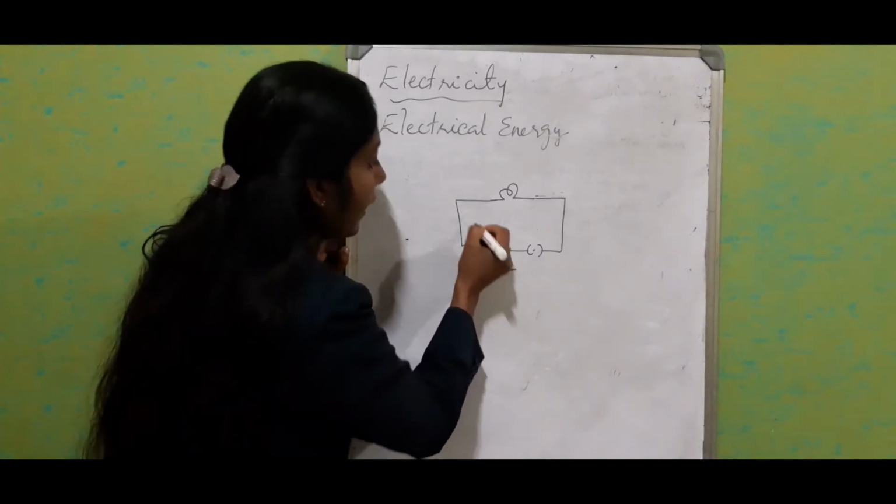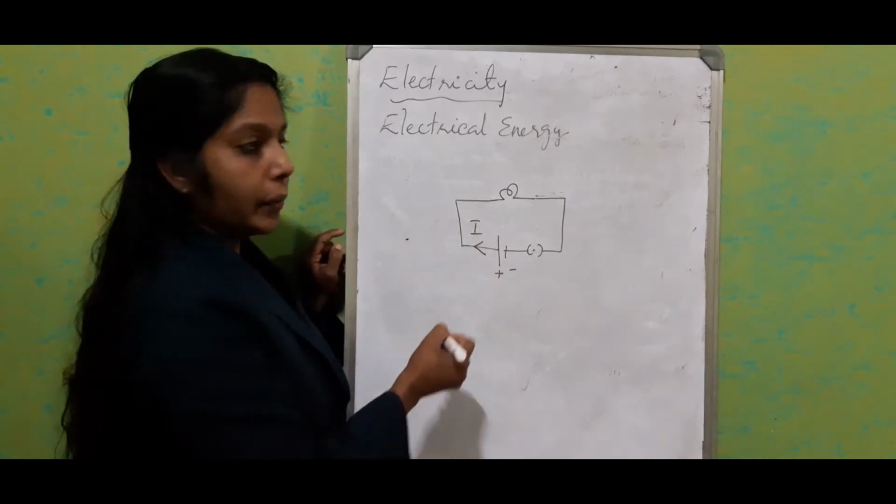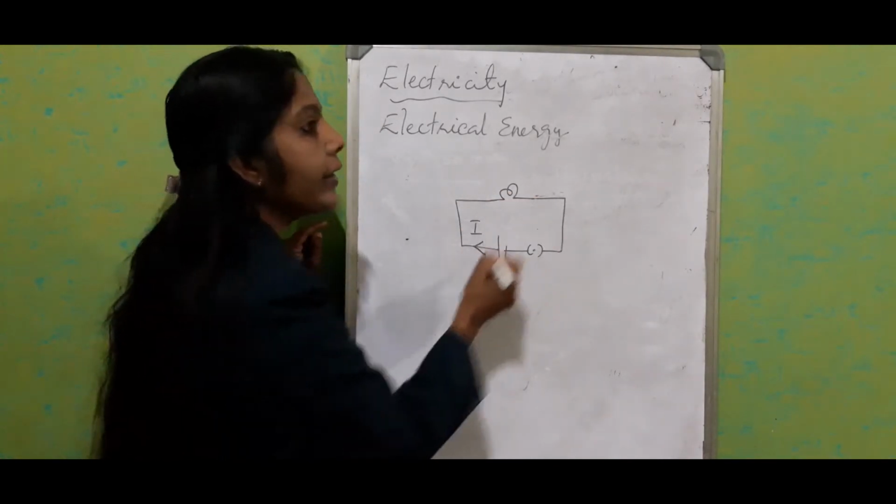Just consider that current is passing through this circuit and it offers a resistance.